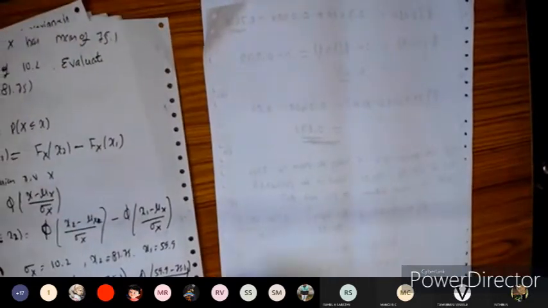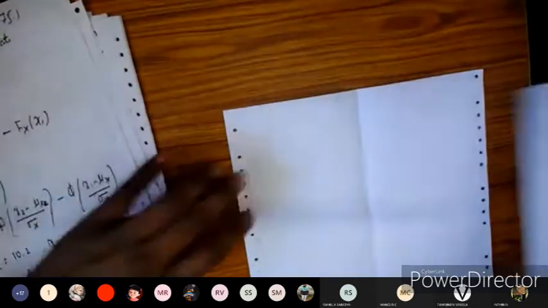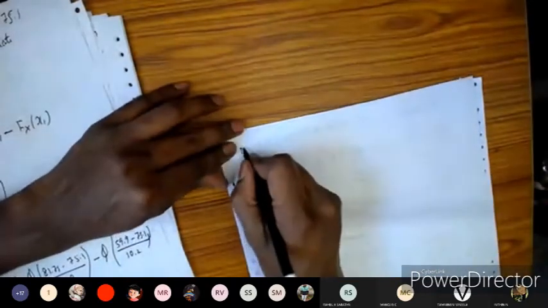So you can take a Gaussian random variable. So the problem number 24, you can do this as homework here.